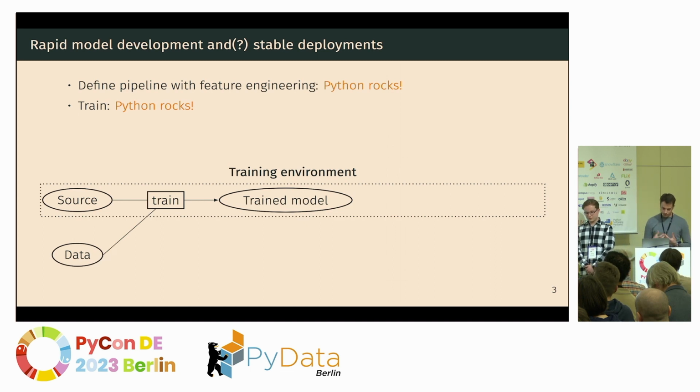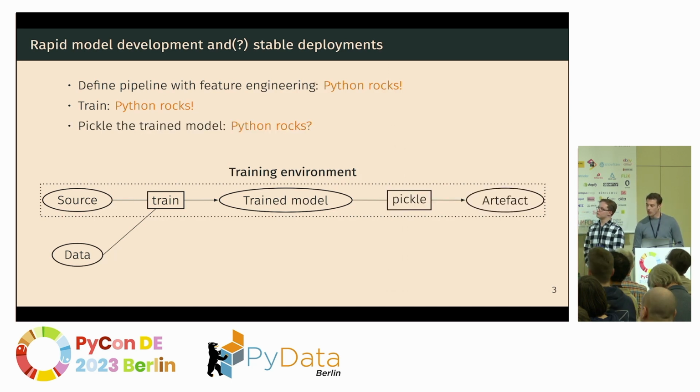Then, of course, we probably never want to deploy directly from our training process. The training and the inference or the deployment is pretty much always a separate step. So we somehow need to put this into some kind of artifact that we can ship around. If you look at the scikit-learn documentation online, you will see that the official recommendation is to call pickle.